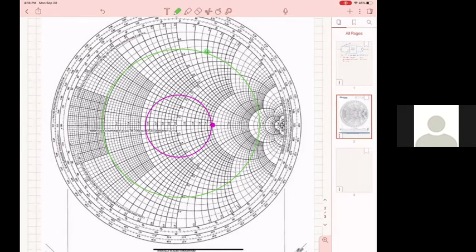But until when? The real part's 0.4, right? Until the real part along the pink VSWR is 0.4? Yes, exactly. But it cannot go to 0.4 though.